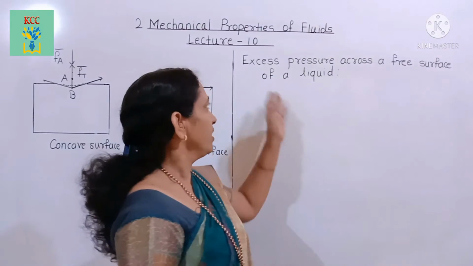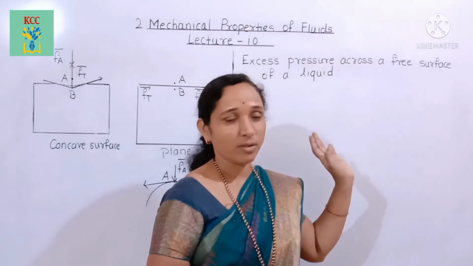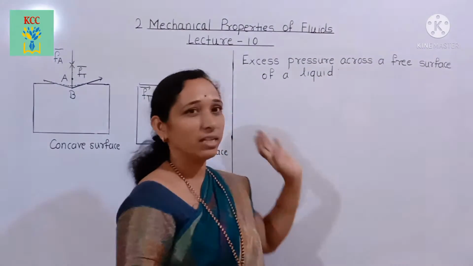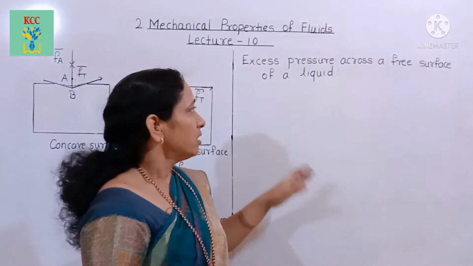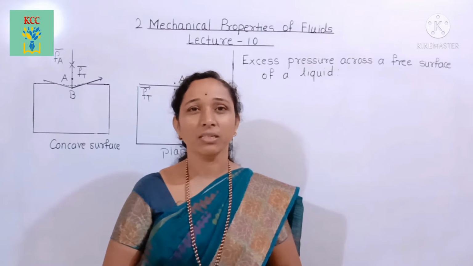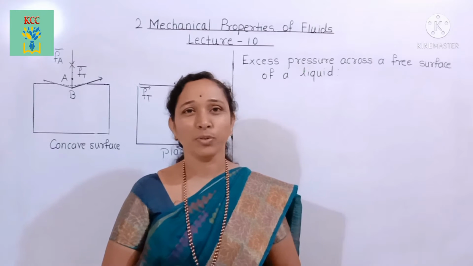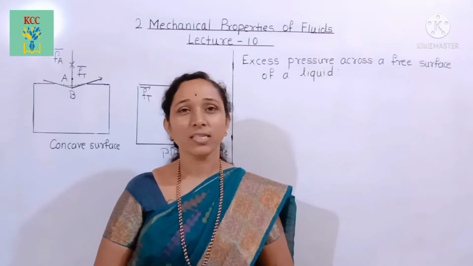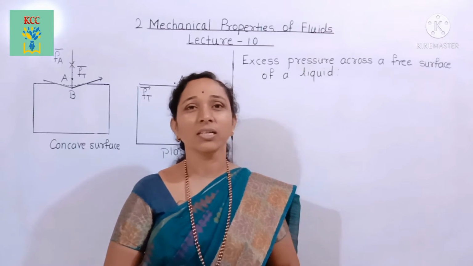Today we see excess pressure across a free surface of a liquid. Here, every molecule of a free surface of a liquid experiences forces. Such forces are tangential to the liquid surface.